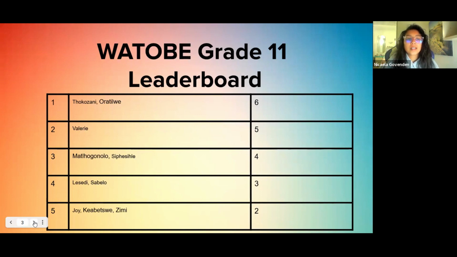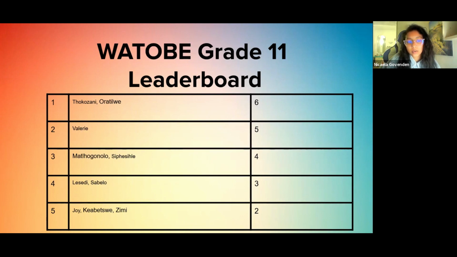We've got Tokozani and Oratilwe at number 1, and they've done 6 exercises so far this week. And we've got Valerie with 5. In 3rd place, we've got Mahlokonolo and Sipe Sifle at 4. And at 4th place, we have Lesedi and Sabelo, who've done 3.